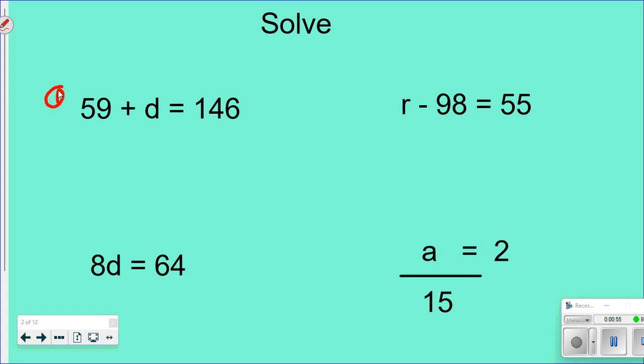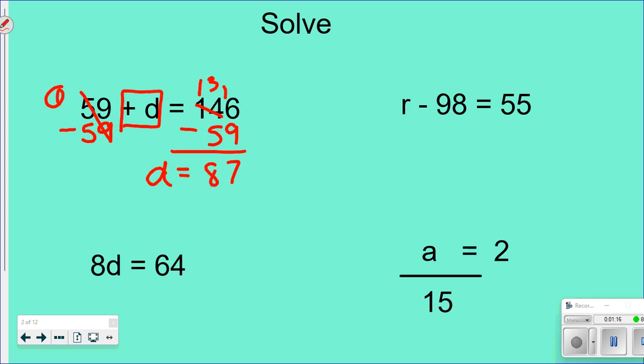I need to get D by itself, and to do that, I'm going to work with the 59. The sign in front of 59 is a positive, so I'm going to subtract 59 from this side, which leaves D all by itself on one side. I'm going to subtract 59 from this side. 146 minus 59, D is going to equal 87.